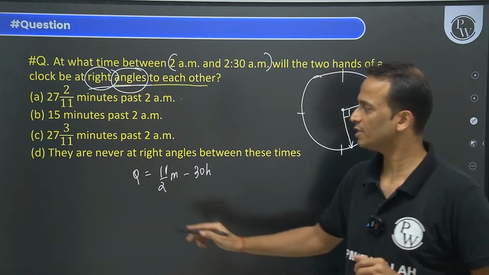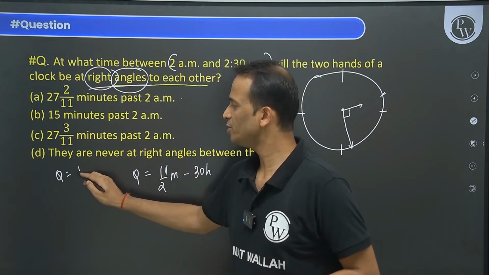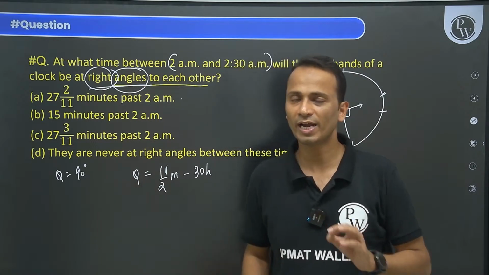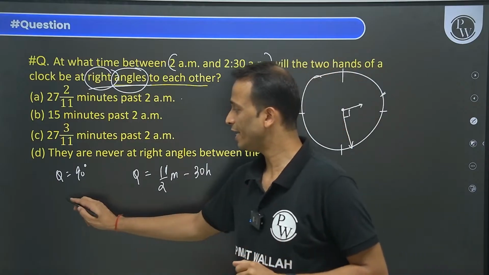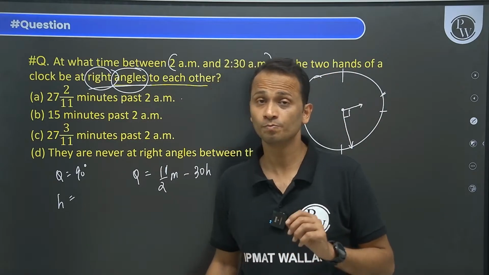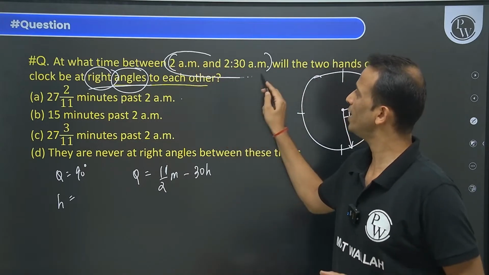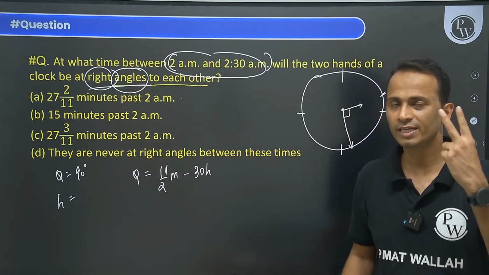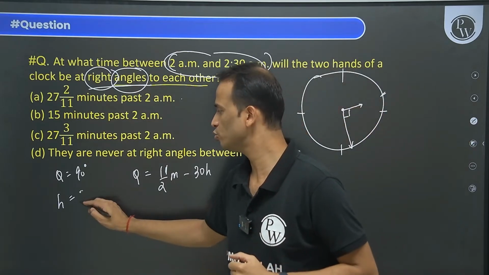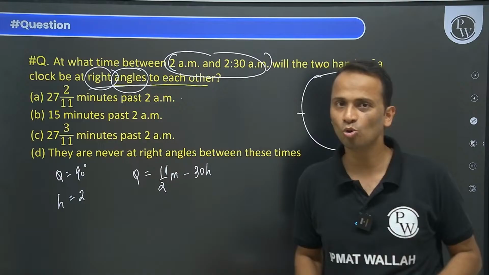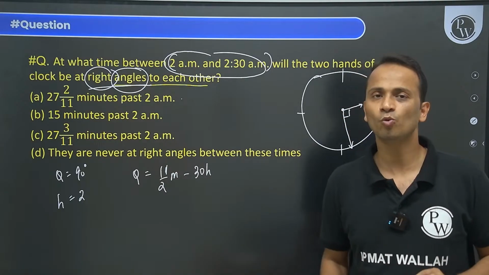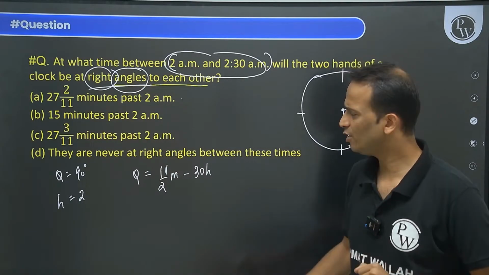So which values do we know? I know the angle between the minute hand and hour hand. It is a right angle, that is 90 degrees. I know the value of h also. If the time is between 2 a.m. and 2:30 a.m., then the value of h will be equal to 2. Now based on these two known values, I'll calculate the value of m. Okay? Let's find out the value of m.